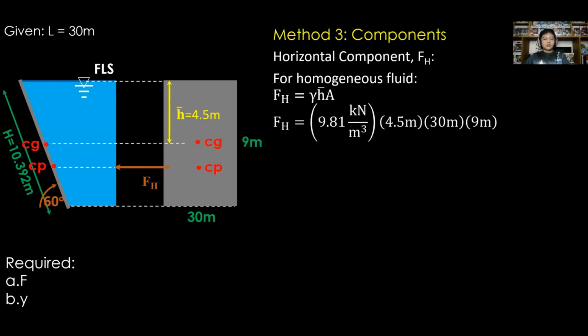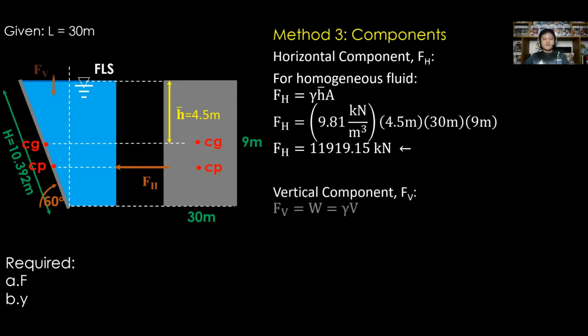We have gamma of water, that is 9.81 kilonewtons per cubic meter, multiplied with H bar, that is 4.5 meters, then multiplied with the area of the projected surface, which is base 30 meters times height 9 meters. The horizontal force component is 11,919.15 kilonewtons.